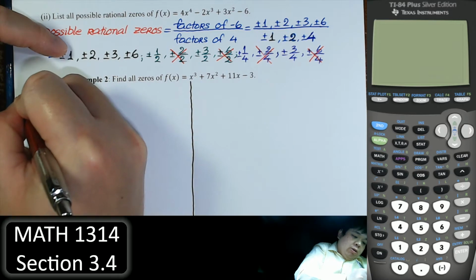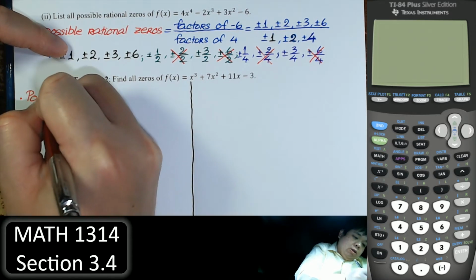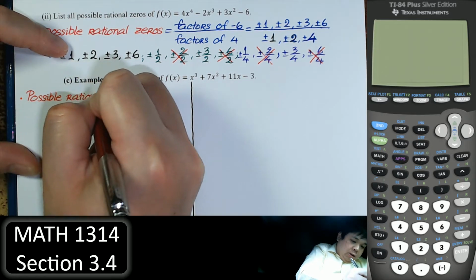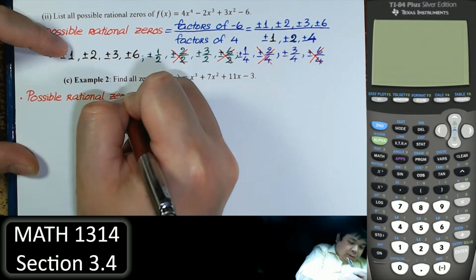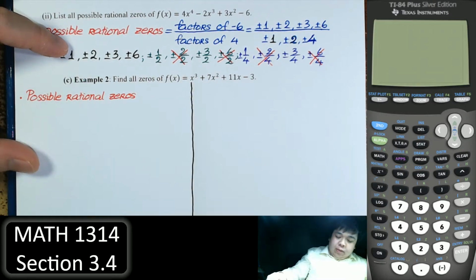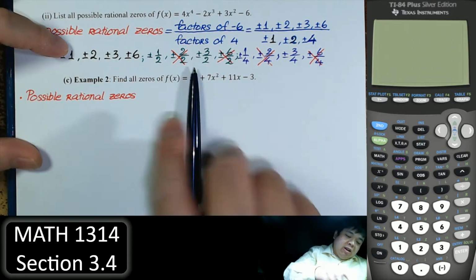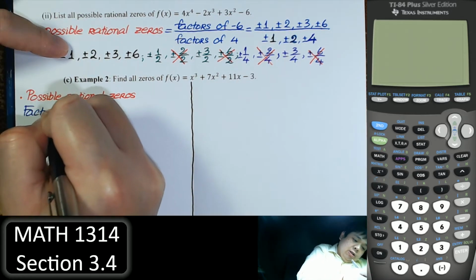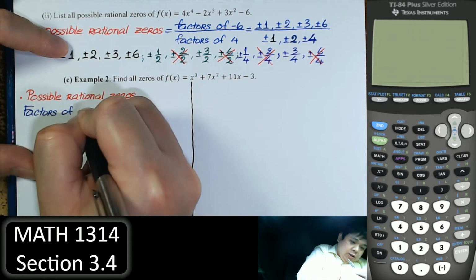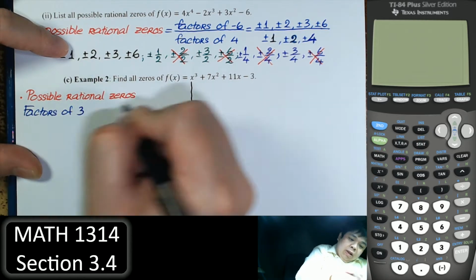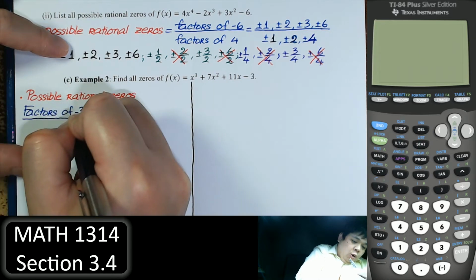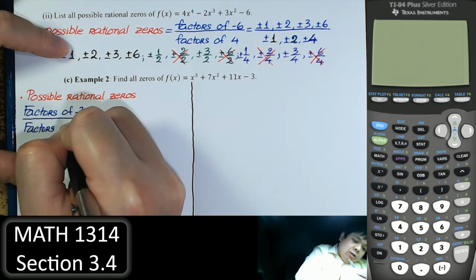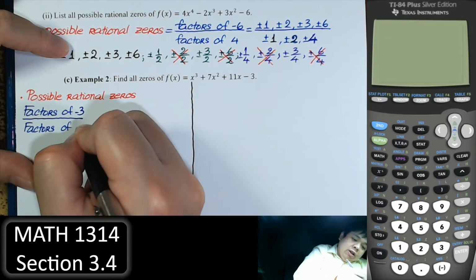Find the possible rational zeros. I'll take the factors of the last one, the constant, -3, over the factors of the leading coefficient, 1.